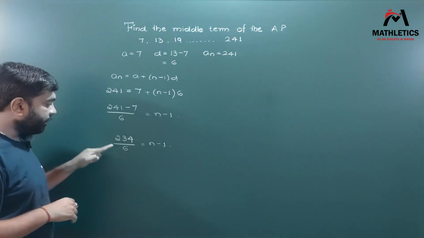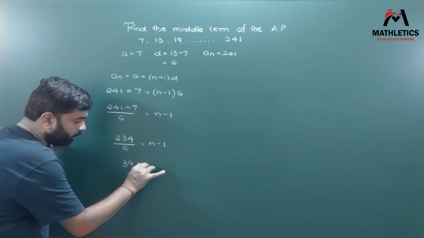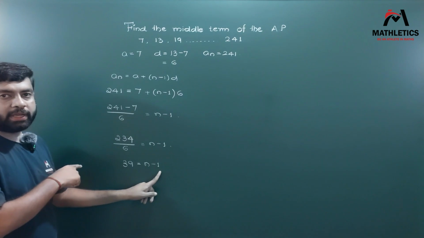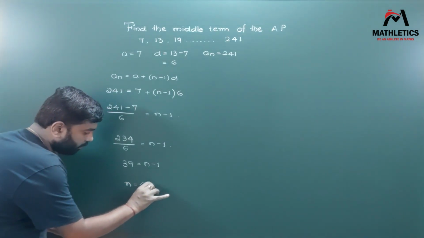So 234 divided by 6 is 39. 39 is equal to N minus 1. If I take this minus 1 to the LHS, then the value of N becomes 40.